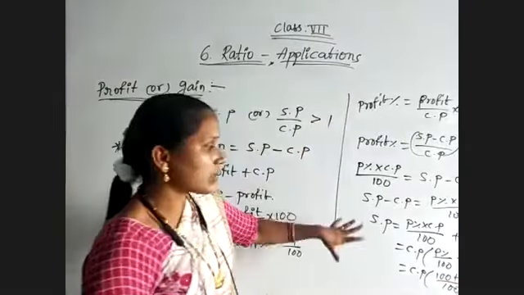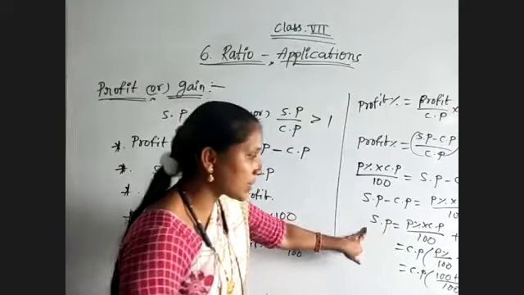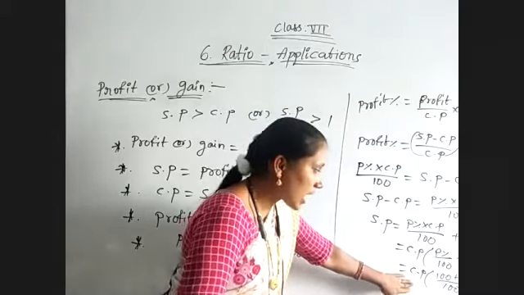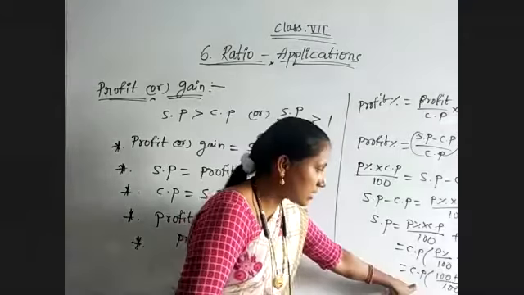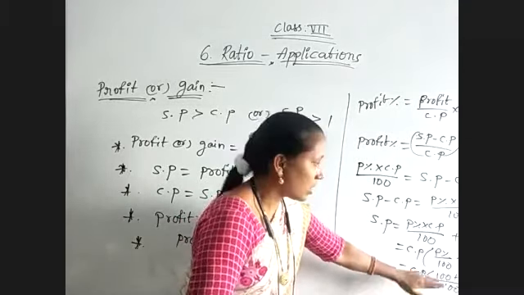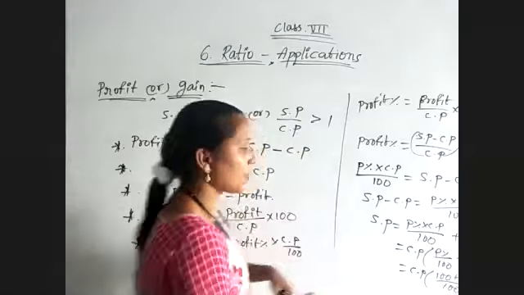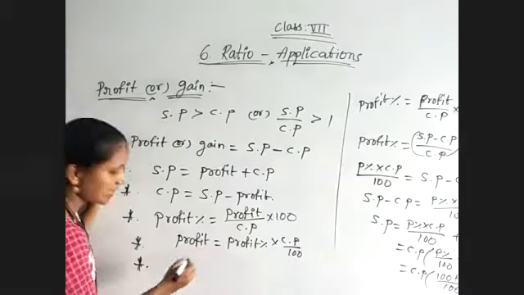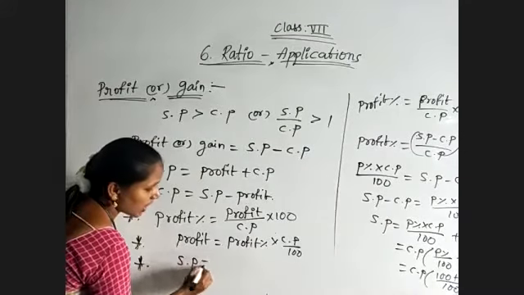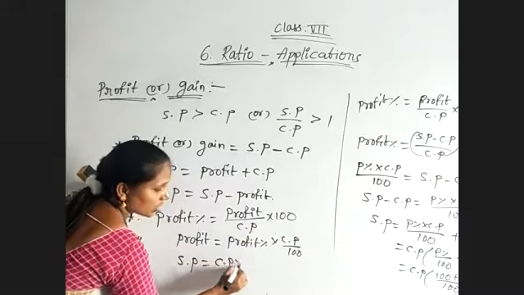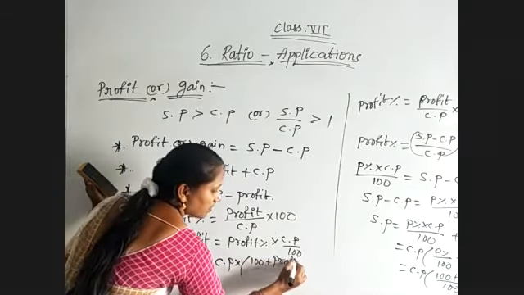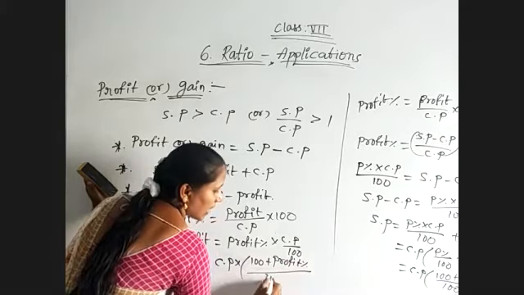So we just need to remember the formula for SP. From this we can write the CP value also. Whatever is the last line of the simplification, that is the formula for SP in terms of profit percentage and CP. So SP is equal to CP into 100 plus profit percent by 100.